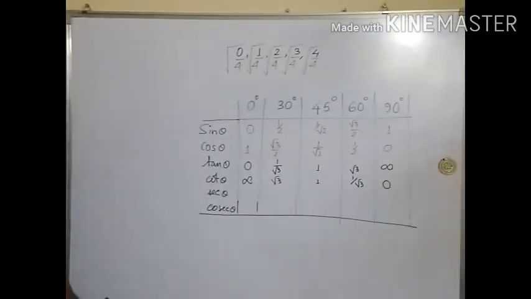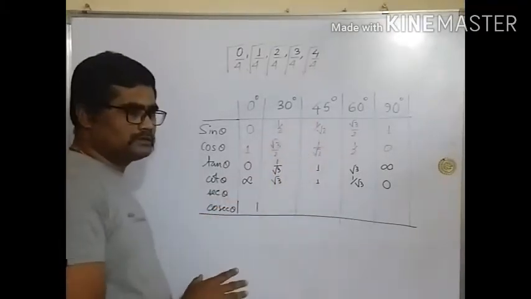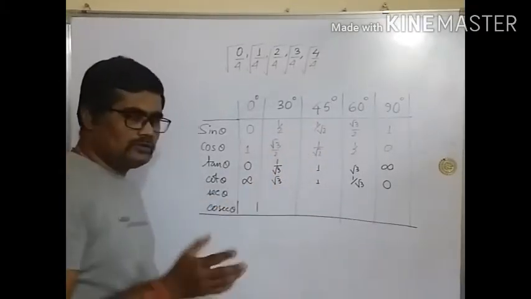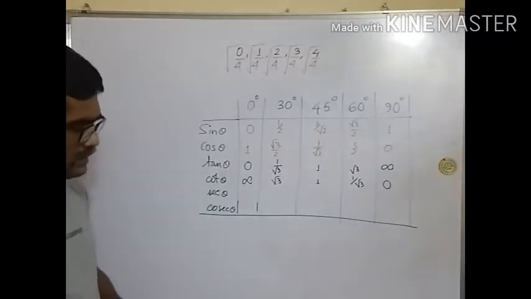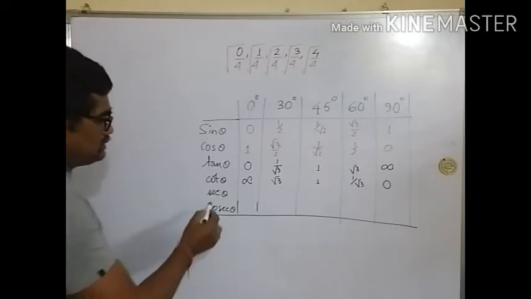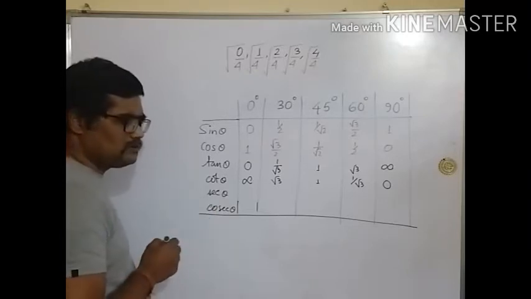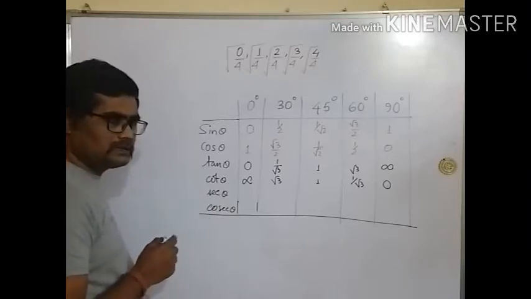So you just see, the first two lines are opposite of each other, the second two lines are opposite of each other. And now I am going to write the third. For the third, you just see what sec theta is. Sec theta is the reciprocal of cos theta.